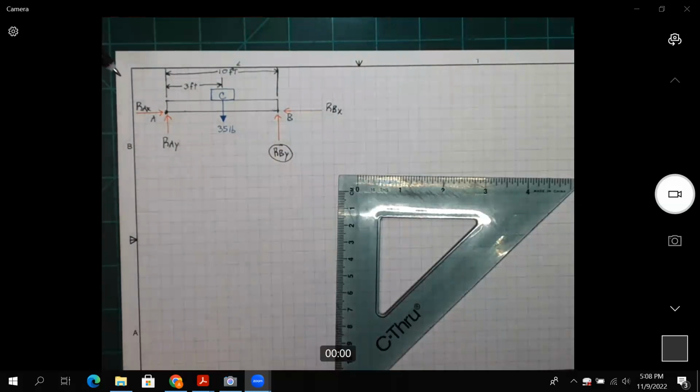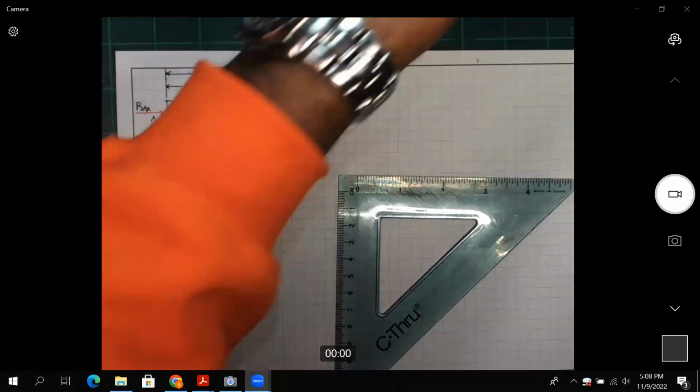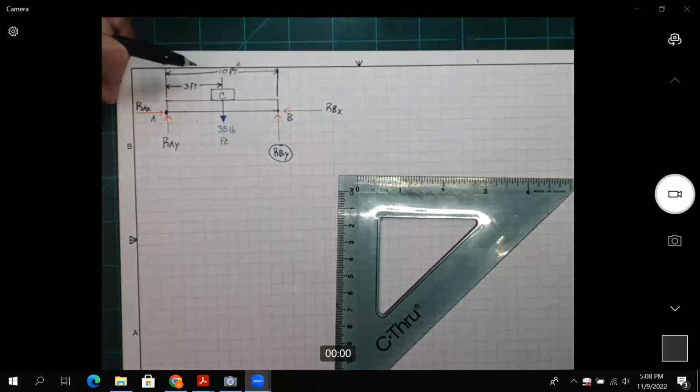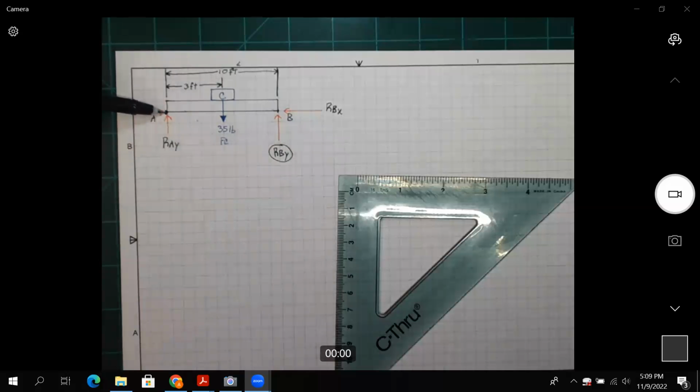So here's what we have: joint A, joint B, our pivot at joint A, and force C. Force C is 3 feet from our pivot, and joint B is 10 feet from our pivot.